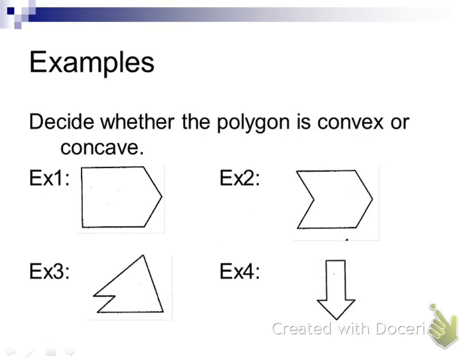Alright, here's some examples, so I'll give you a second to sketch these. First we're going to talk about convex versus concave. So back to those first two definitions you wrote. It's one or the other. So like I said, go ahead and sketch these so you have them in your notes. They don't have to be perfect.